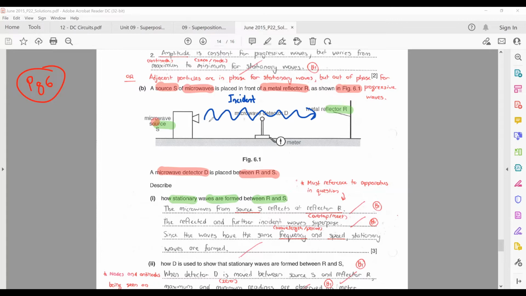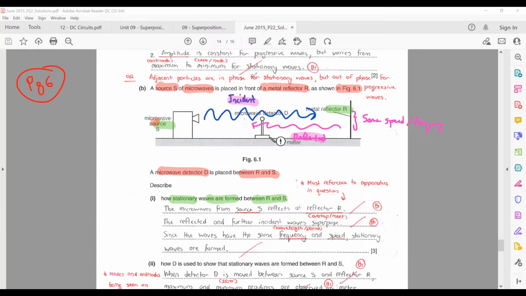Once the microwave hits the reflector, it gets reflected back. So you're going to have a reflected microwave. Now, since this reflected wave is actually from the incident wave, usually we will tell you that they have the same speed as well as frequency because they're essentially the same wave.